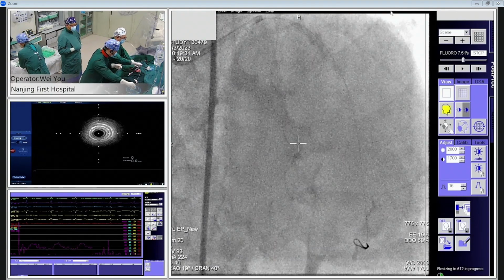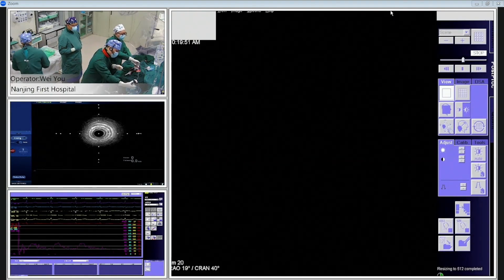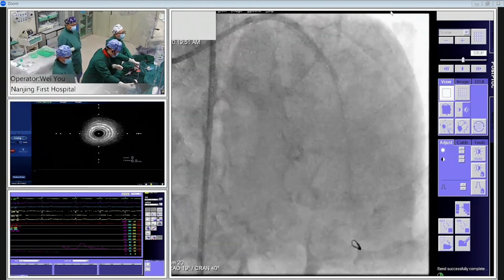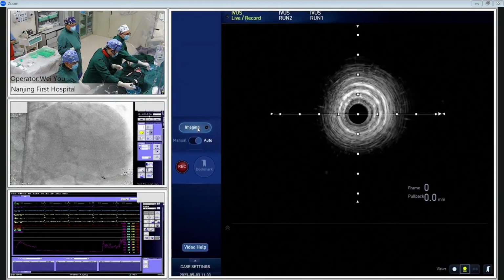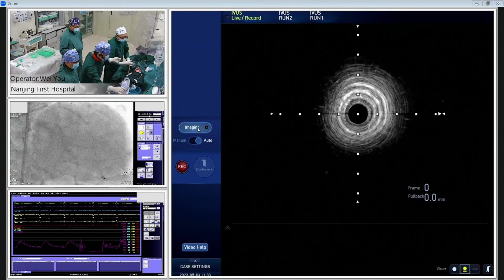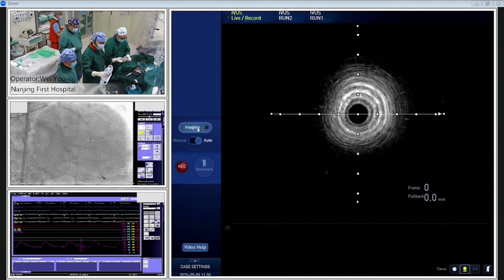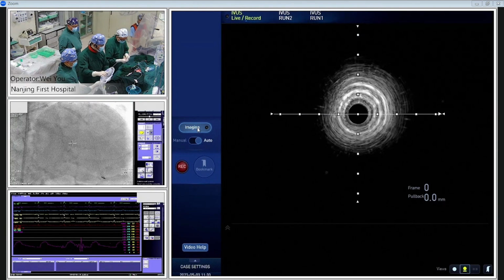So till now, the patient's blood pressure is okay, no ECG changes. So IVUS again. IVUS-guided complex PCI can save contrast volume.